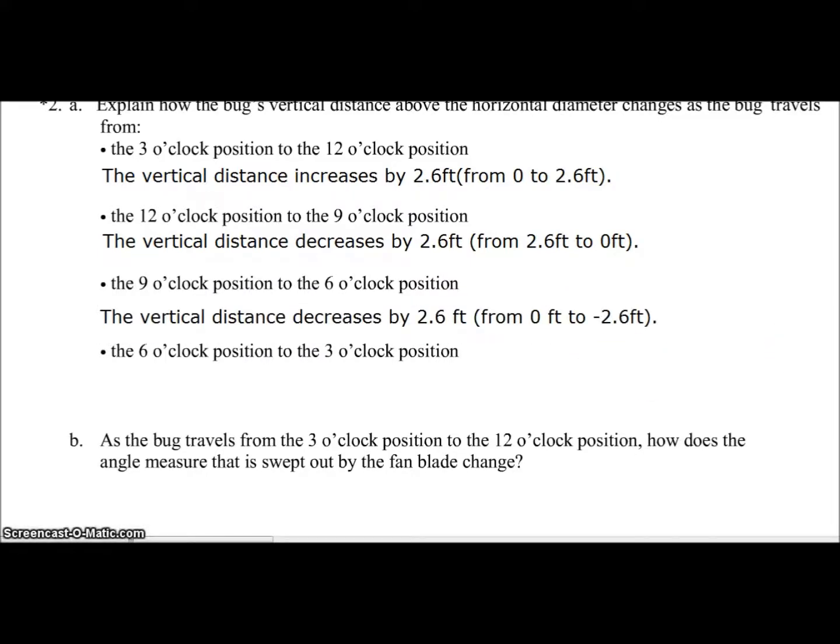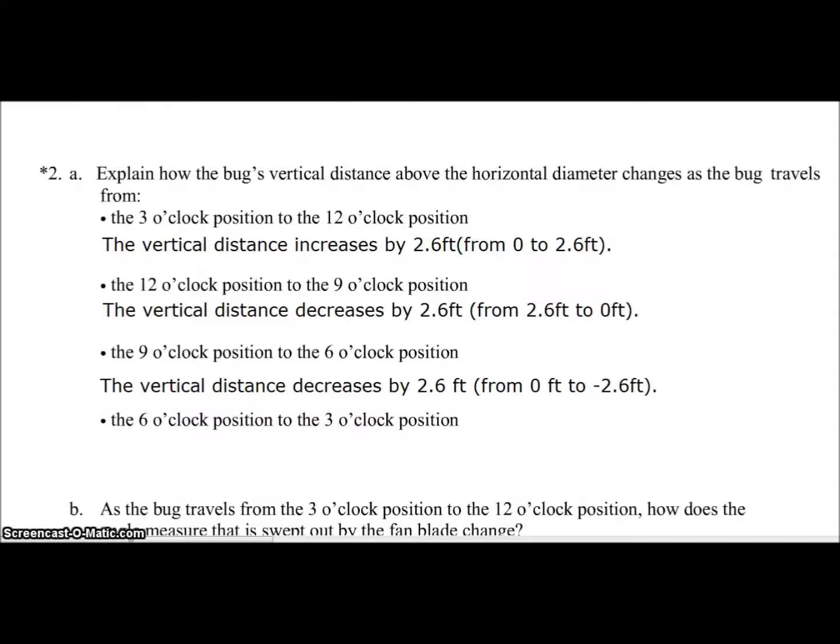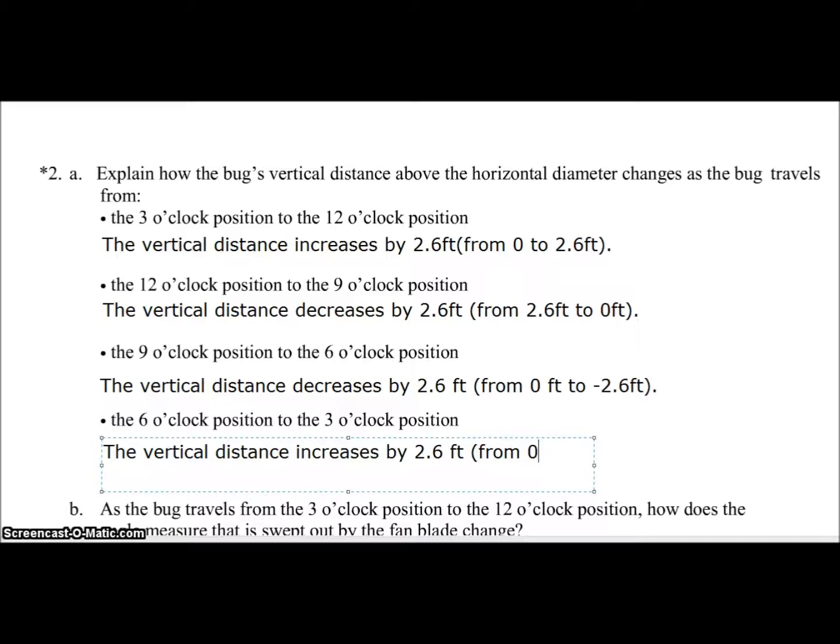And then as we go from the 6 o'clock position to the 3 o'clock position, that vertical distance will increase by 2.6 feet, from negative 2.6 feet to 0 feet above the horizontal axis.